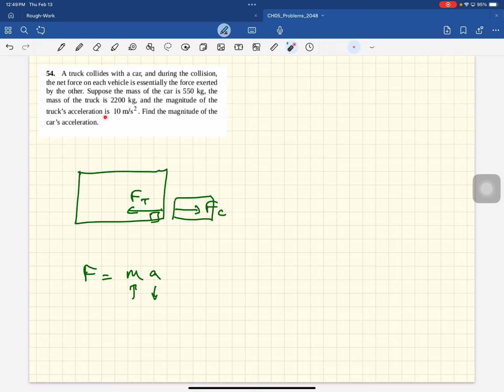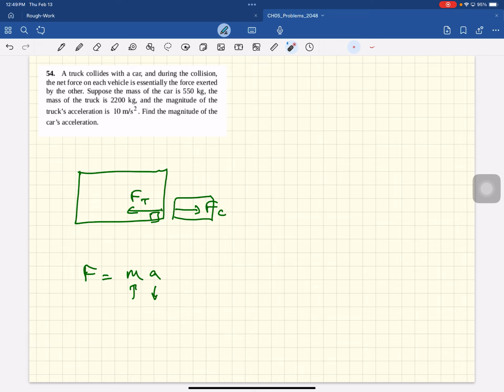And the magnitude of the truck's acceleration is 10 meters per second squared. If you're in the car, you'll experience 40 meters per second squared. That's 4 g's, 4 times your body weight. So you'll be pushed back with a force 4 times your body weight.